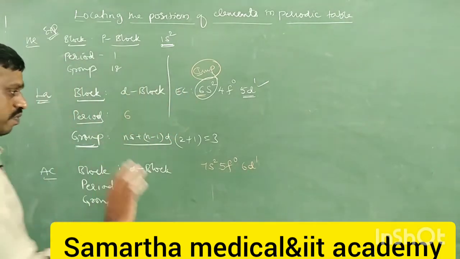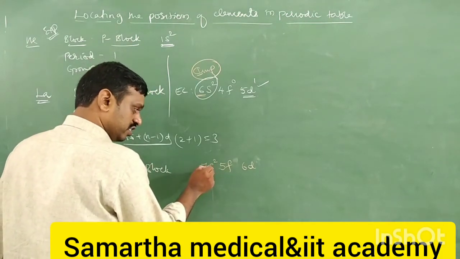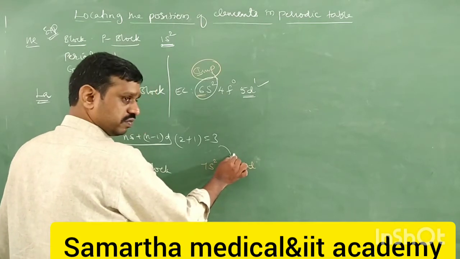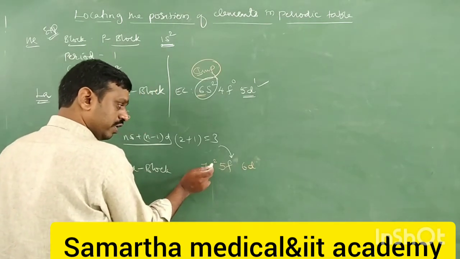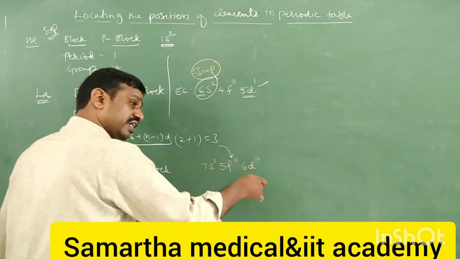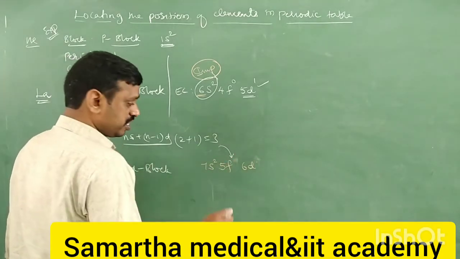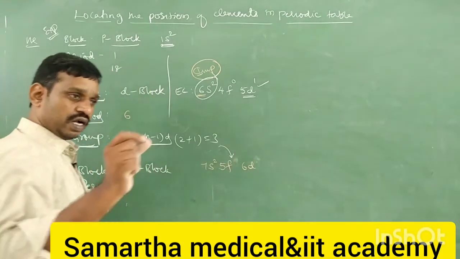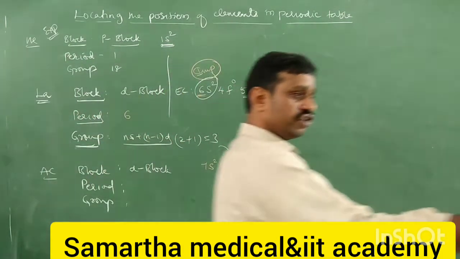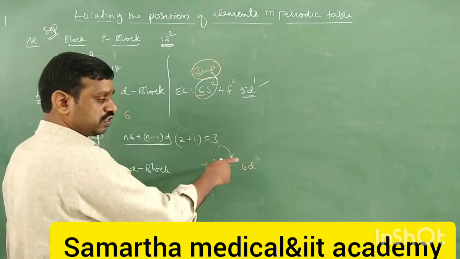Now here also, what is supposed to happen? After filling electrons in the 7s orbital, the electron is supposed to enter 5f, because after 7s, 5f has more energy, then 6d has again more energy. It has to follow the Aufbau rule. What does the Aufbau rule say? Electrons first enter the low energy orbital, followed by high energy. Which is low energy? 7s, then 5f, then 6d.